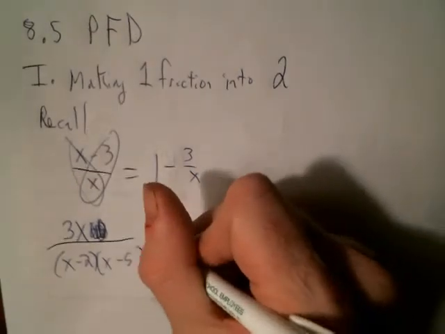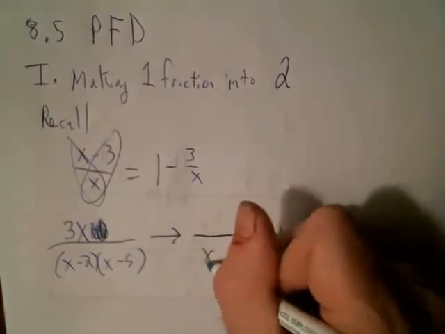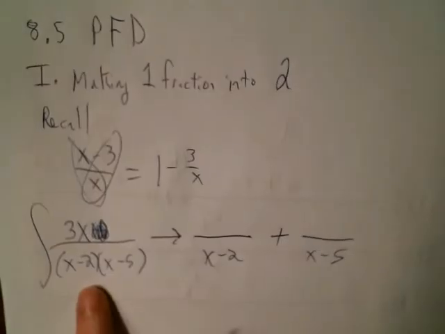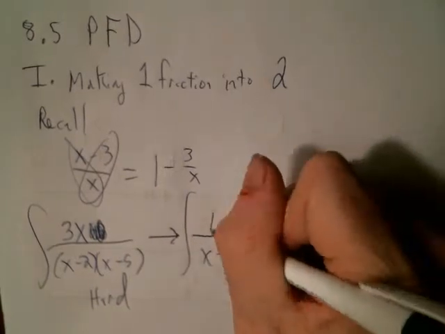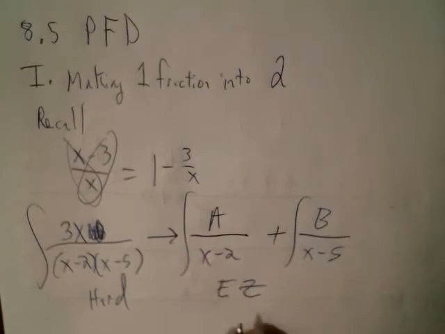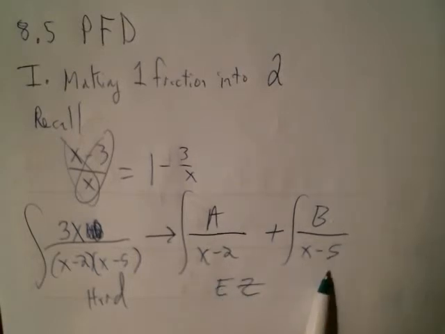So you need a way to turn this thing into two different fractions, x minus 2, x minus 5, because the deal is integrating this thing is going to be hard, right? But integrating these things, whatever is in the numerator, these are easy because these are just natural logs. This is just a times the ln of x minus 2 plus b times the ln of x minus 5.